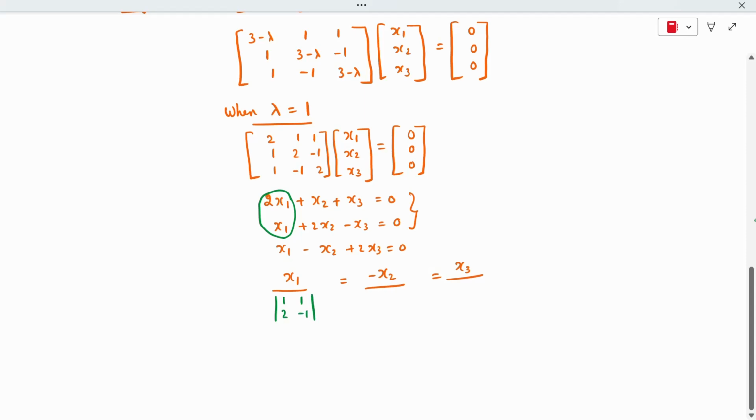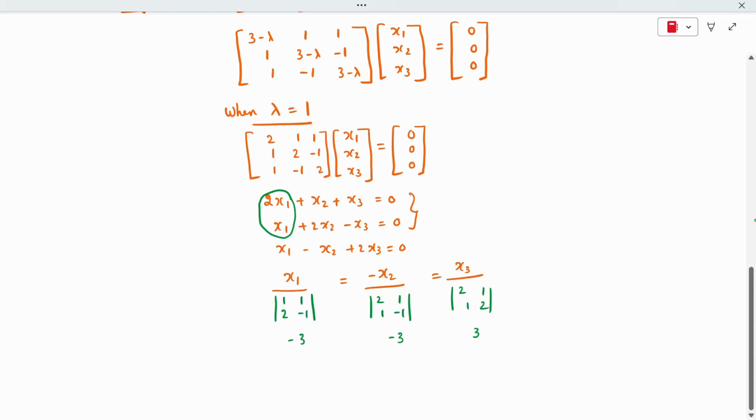If it is x2, omit x2 and write the remaining in matrix format: 2 1, 1 minus 1. For x3, omit x3 and write the remaining: 2 1, 1 2. This minus symbol, don't forget. When I simplify it: minus 1 minus 2, minus 3. Here minus 2 minus 1, so minus 3. Here also 4 minus 1, 3.